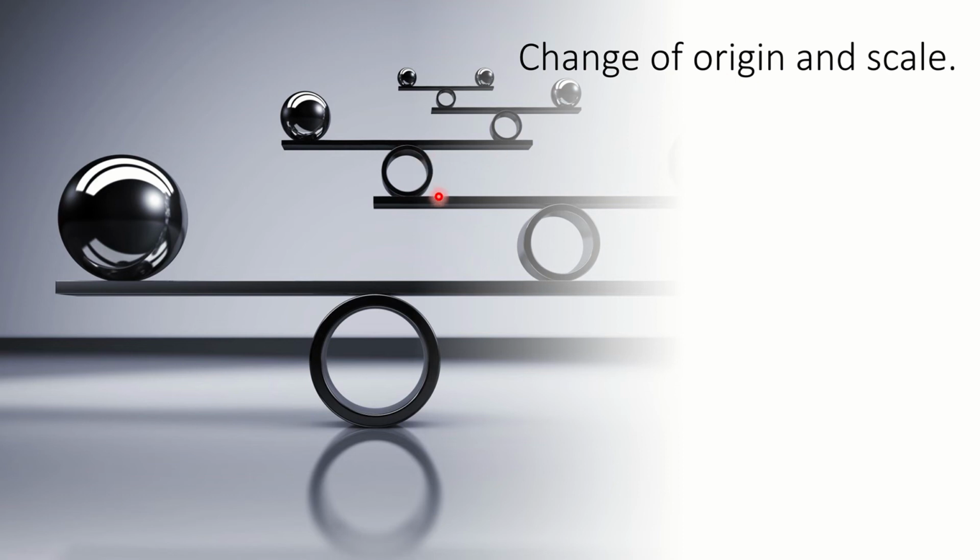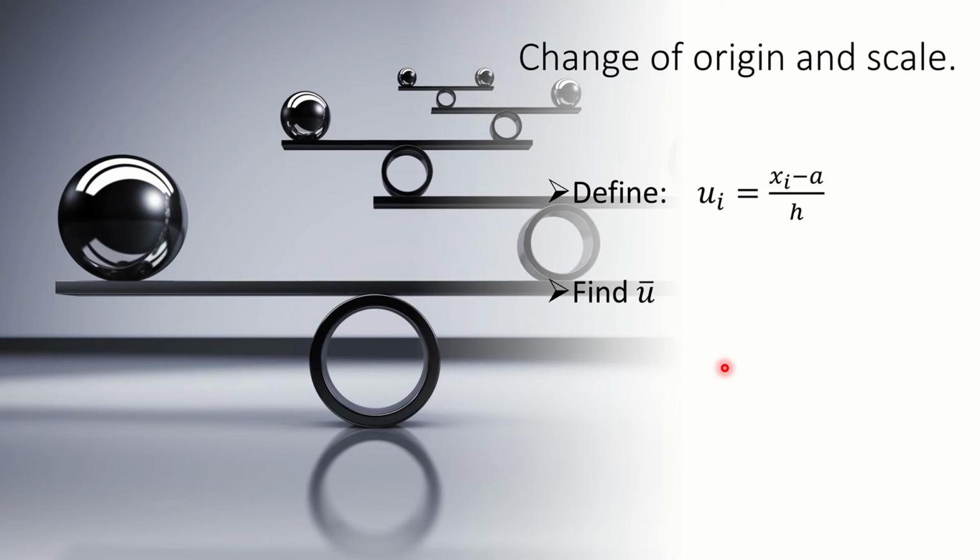How do we do that? We introduce a new variable by transforming: ui equals (xi minus a) divided by h. Subtracting a is a change of origin, whereas dividing by h is a change of scale. We then find the mean of this transformed data, u bar, which is simple to find, and from it we find x bar by multiplying by h and adding a. So x equals a plus uh, and x bar equals a plus h u bar.